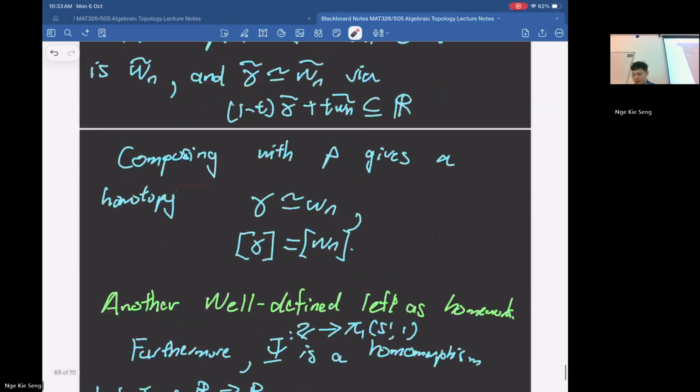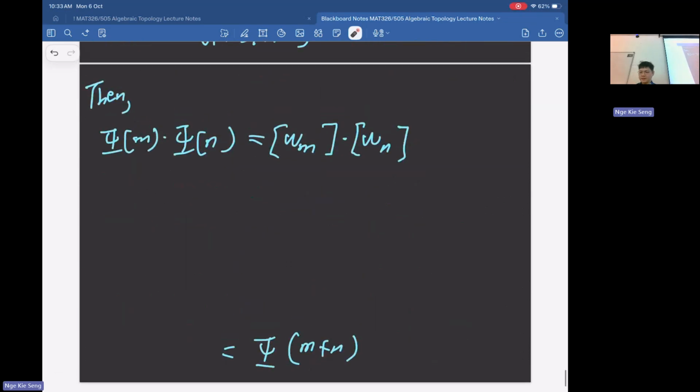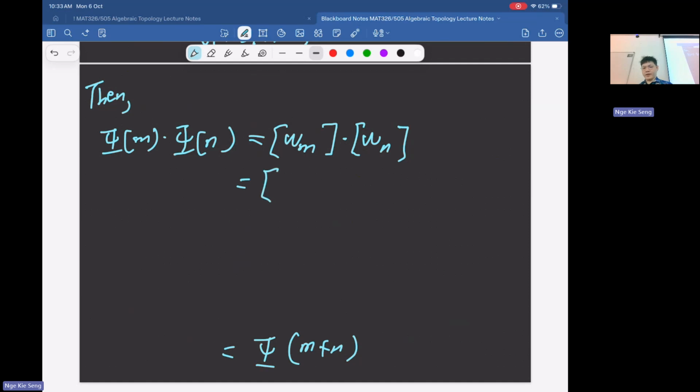So how to show this? We can pass it back to the lift first. This makes sense, you are the projection of some lift.